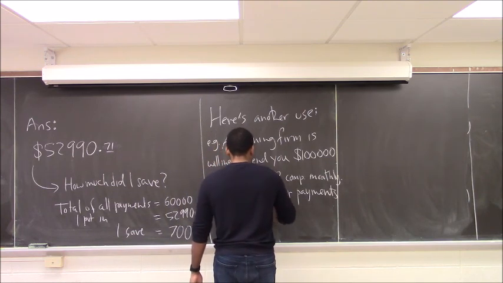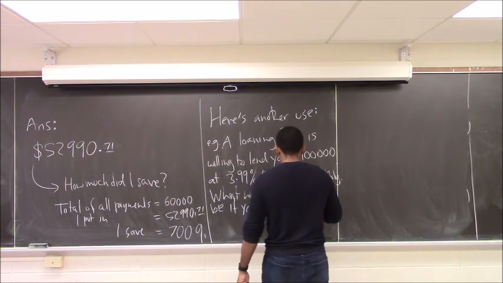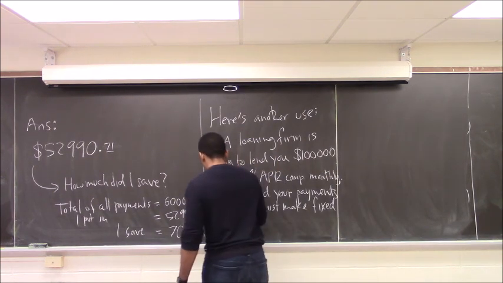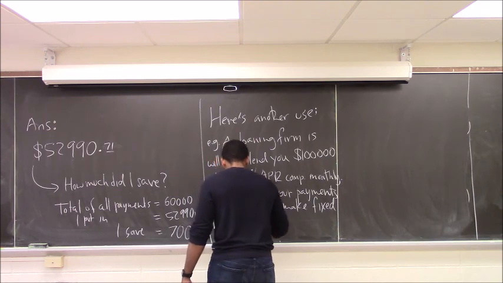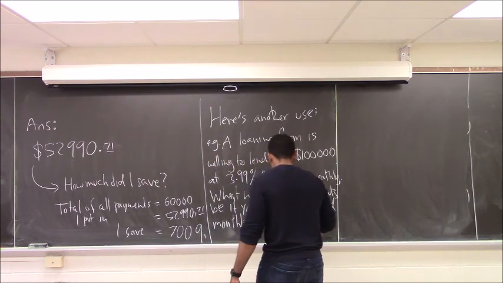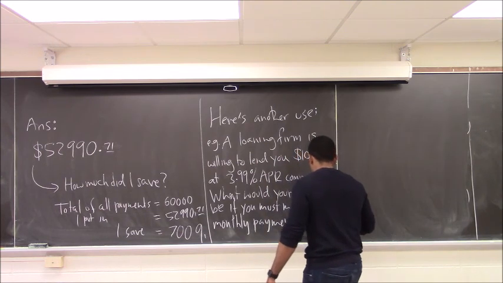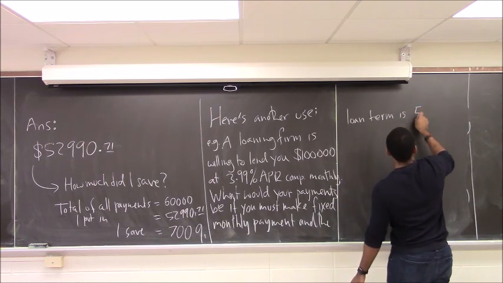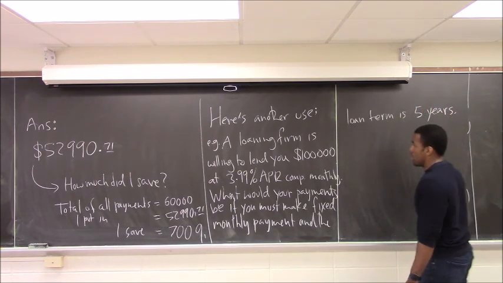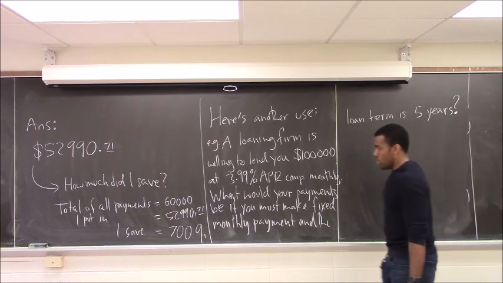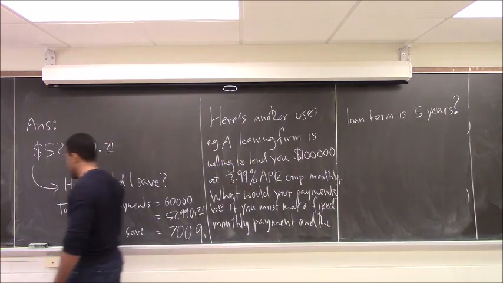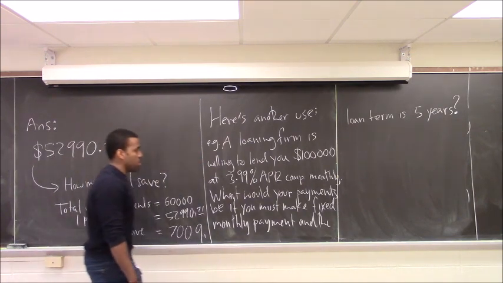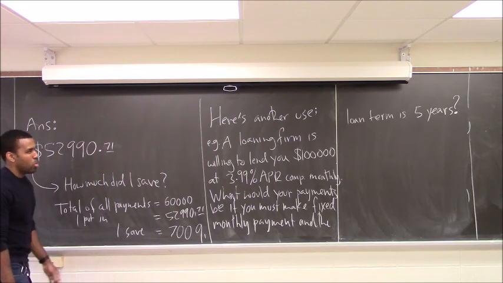If you must make fixed monthly payments and the loan term is 5 years. So, if you want to borrow $100,000 now under those conditions, if you have to start paying that money back monthly over a 5-year term, what would the payments actually be?